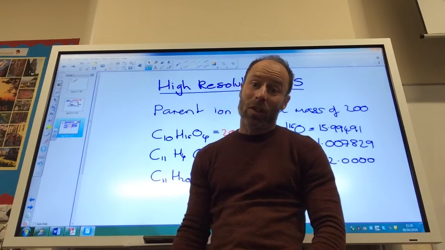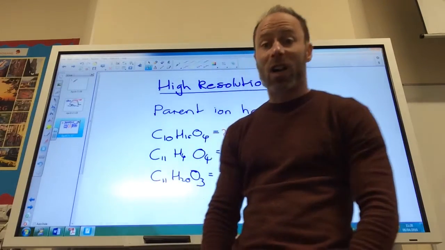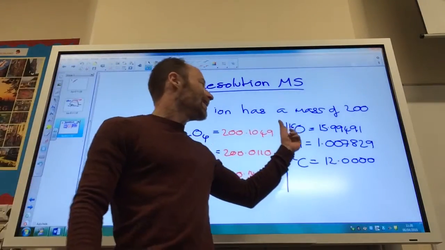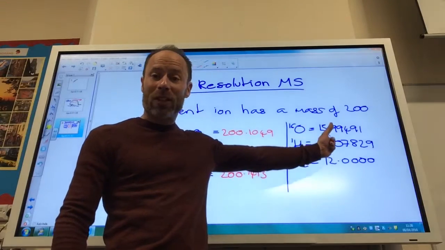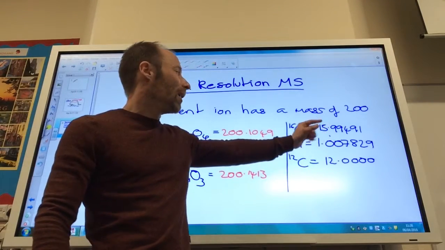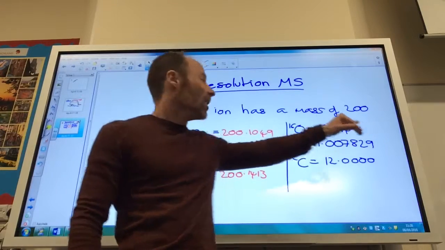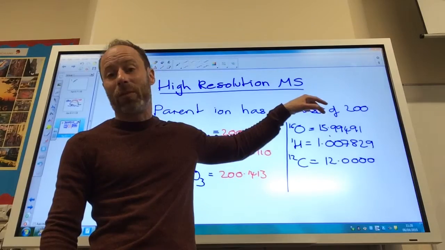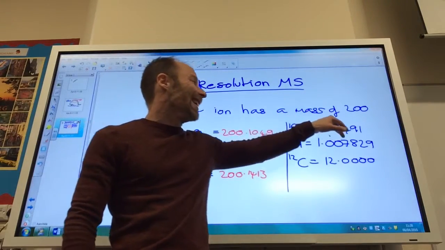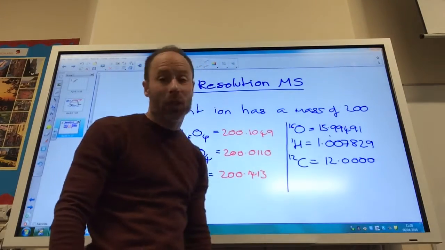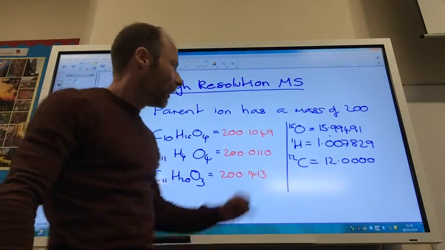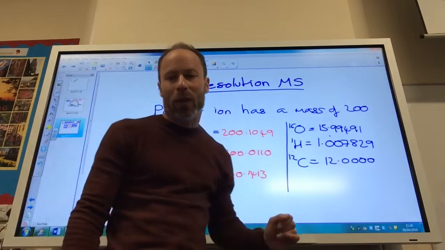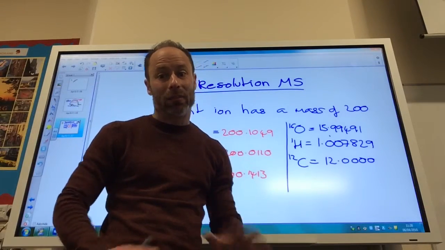So what I could do is put my sample through a high resolution mass spectrometer, and we can measure these to a far better degree of accuracy. So rather than just taking the isotope of oxygen as being 16, it's actually 15.99491. Hydrogen, 1, is actually 1.007829. Carbon 12, of course, by definition, is exactly 12.